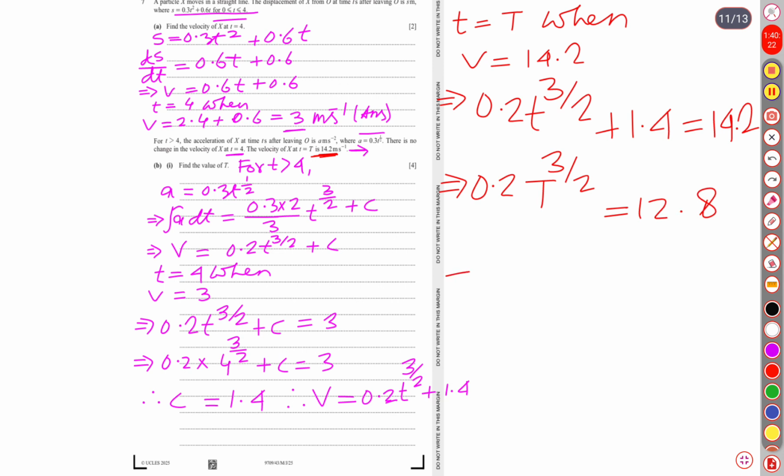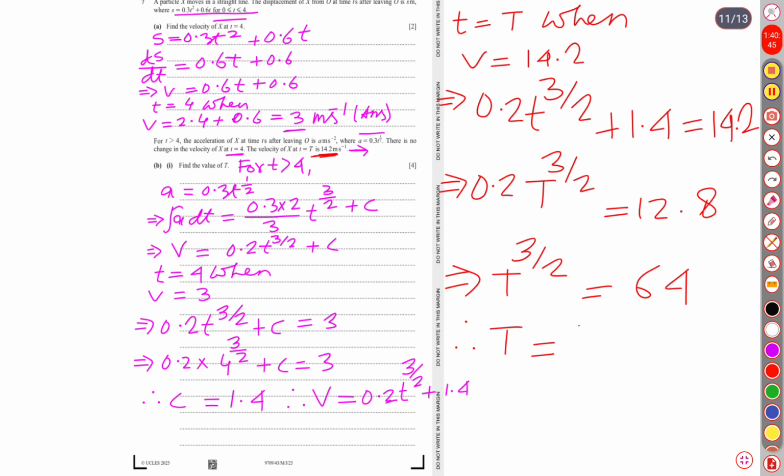Or our t is going to be t raised to 3/2 equal to, if we divide 128 by 2, it is 64. Hence our t is going to be the cubic root of this, 4 cubed, so it is 16.